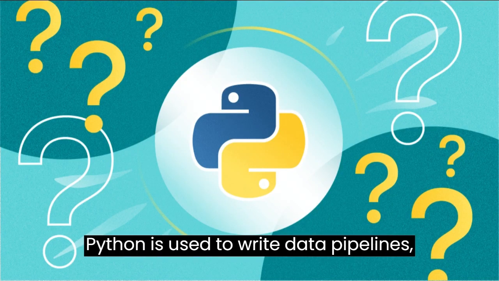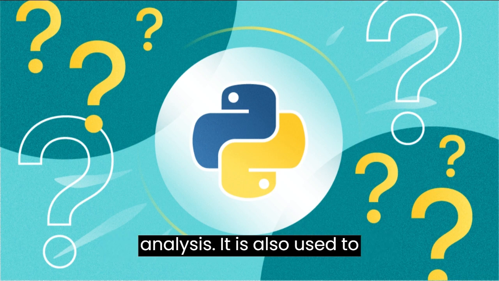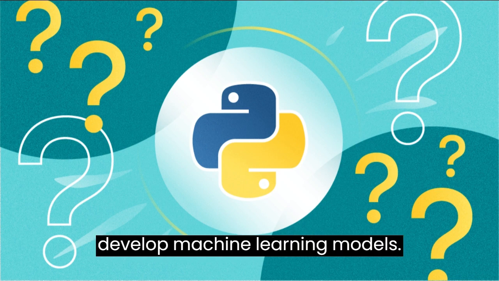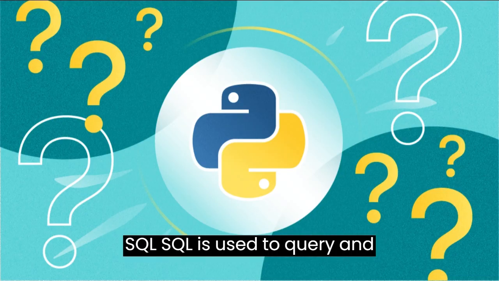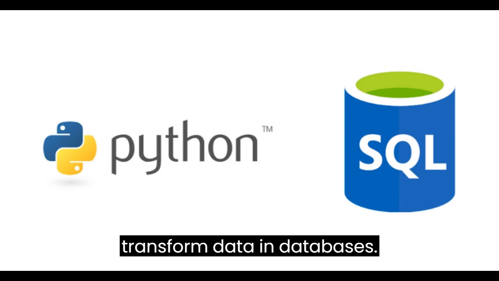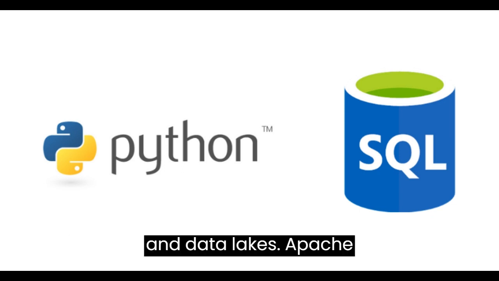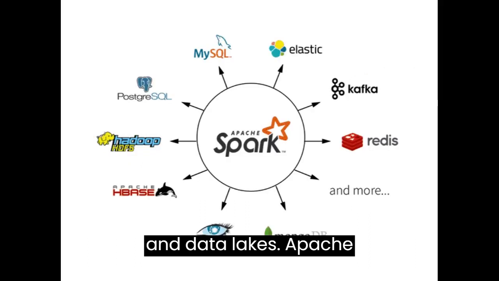Python. Python is used to write data pipelines, transform data, and perform data analysis. It is also used to develop machine learning models. SQL. SQL is used to query and transform data in databases. It is also used to create data warehouses and data lakes. Apache Spark.